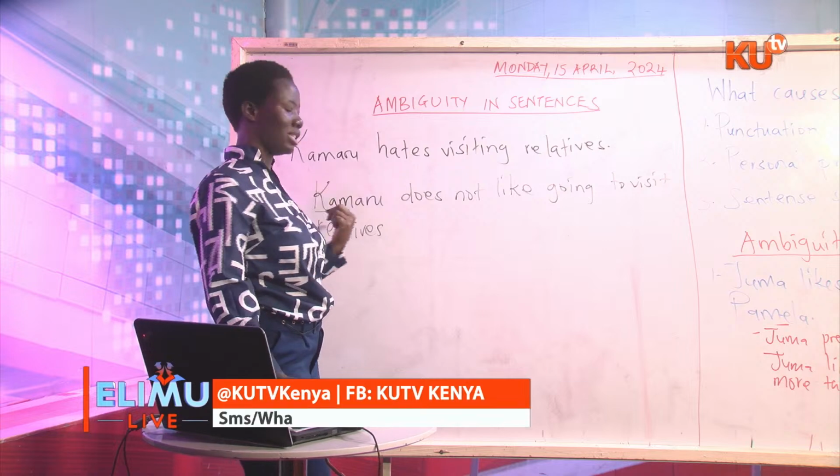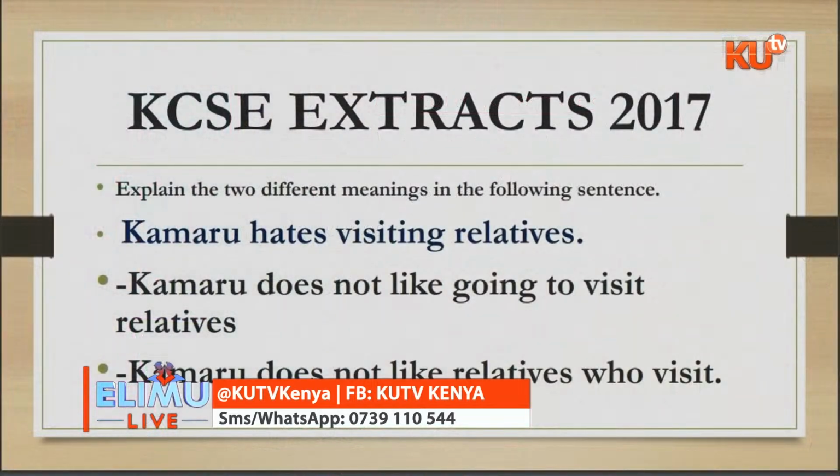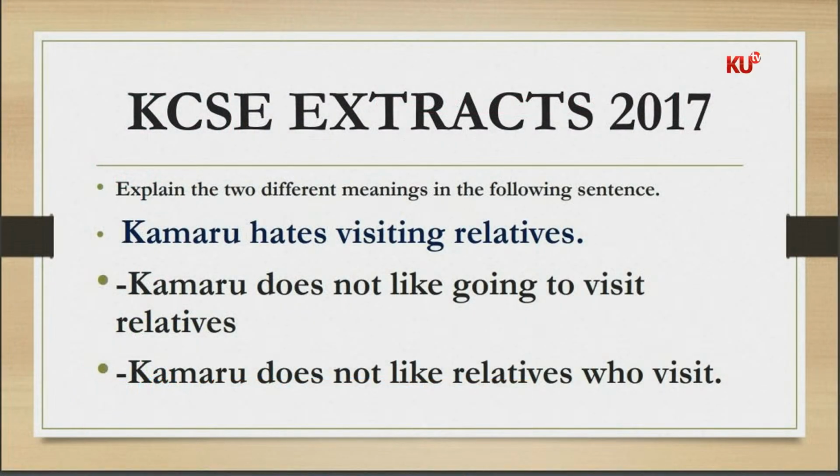So Kamau is the subject here, and he doesn't like the act of leaving his house and going to visit relatives. The sentence is so clear, and so it is not ambiguous. Then the second answer is: Kamau does not like relatives who visit.